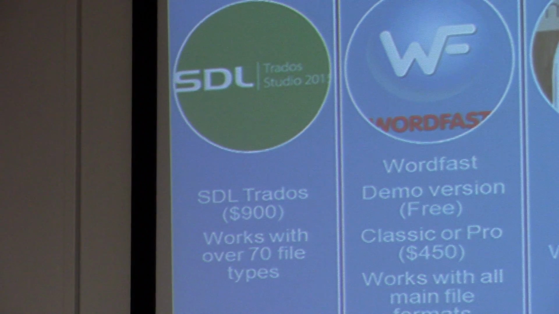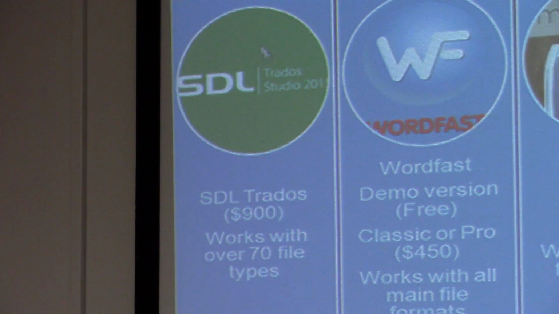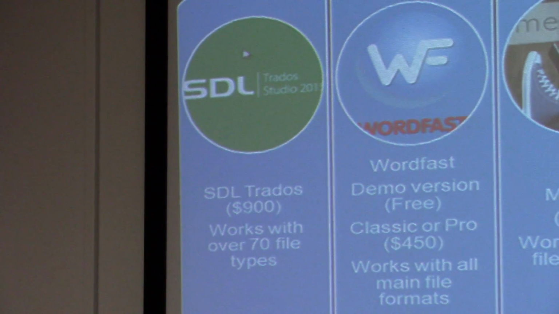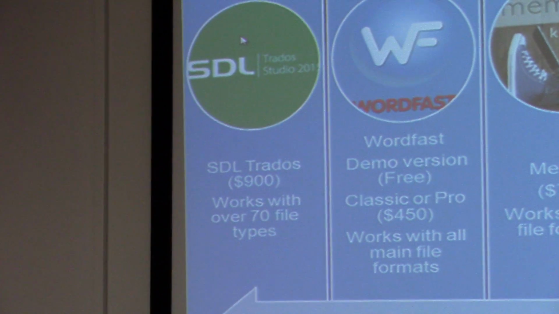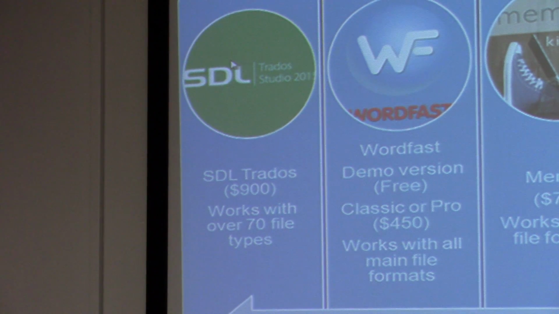It starts at $900, something like this. I worked with something called Tag Editor for a few years, and I found it a little cumbersome. It's extremely useful, but I just did not like it as much as the one I'm using here, which is WordFast.